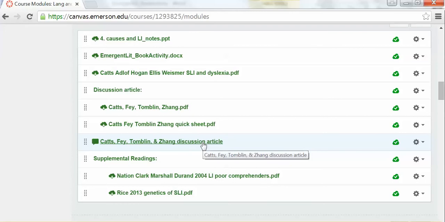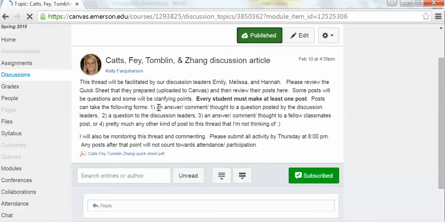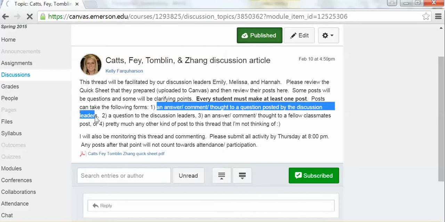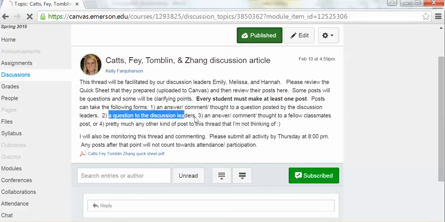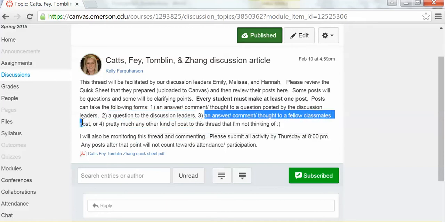Every student must post something. The directions are here on the discussion board. Let's see if I can get this to come up for us. You can post a response, an answer, comment, or thought to a question that is posted by your discussion leaders. You can post a question to the discussion leaders, or to me. You can post an answer or comment to a fellow classmate's post.